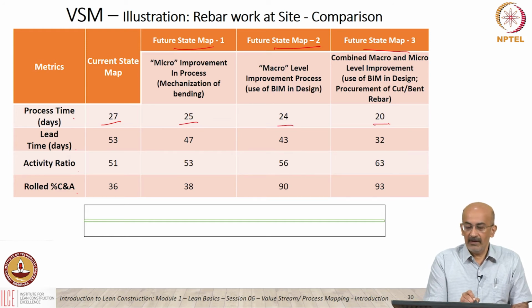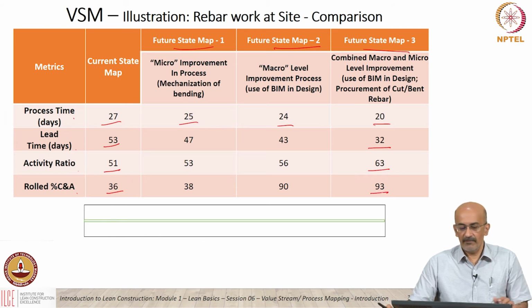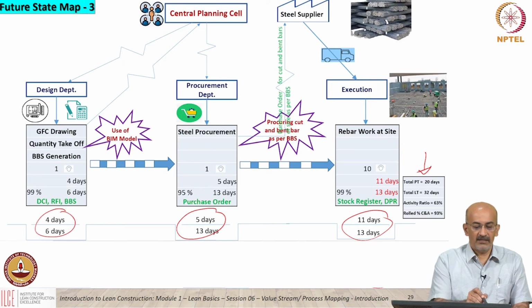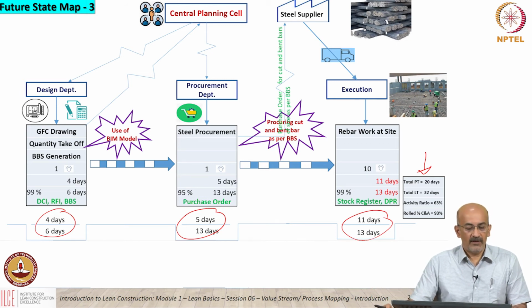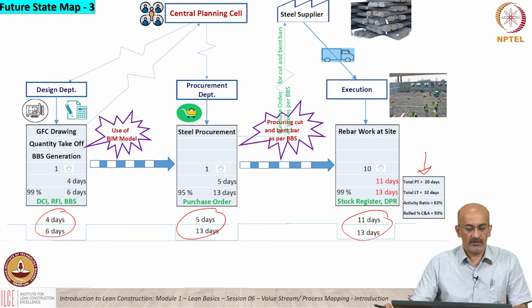The lead time reduced from 53 to 32, which means activity ratio went from 51 to 63, and complete and accurate percentage went from 36 to 93. Here you can see a big jump, because when we do a BIM model we get very accurate output, whereas when we do a GFC-based manual process, the accuracy is less. This is a proposed number.